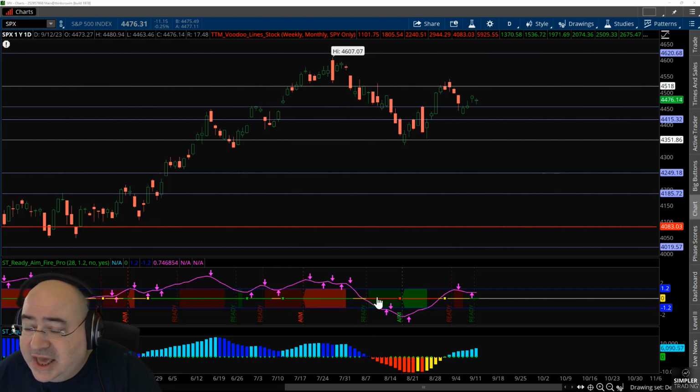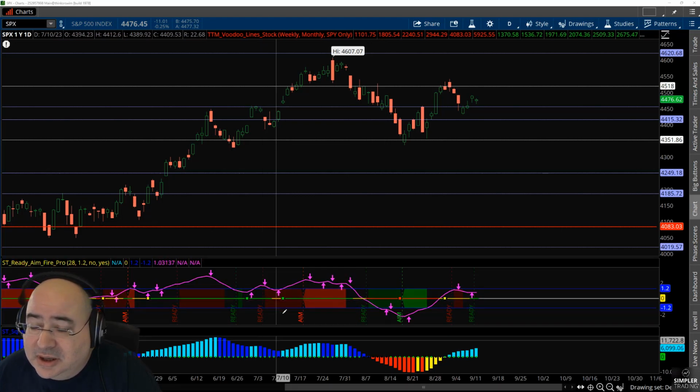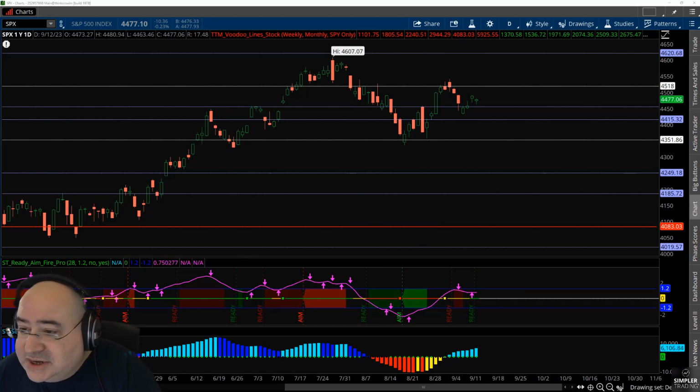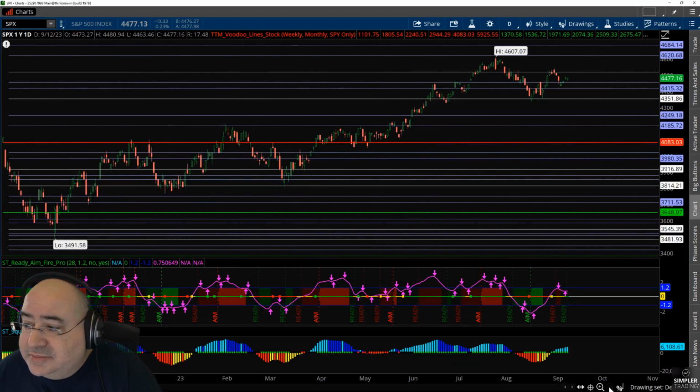Those are the elements that we look for when we're looking for reversals. But there are additional triggers here in the Ready.Aim.Fire Pro. So some of you might use the squeeze, right? And the squeeze identifies elements of consolidation.